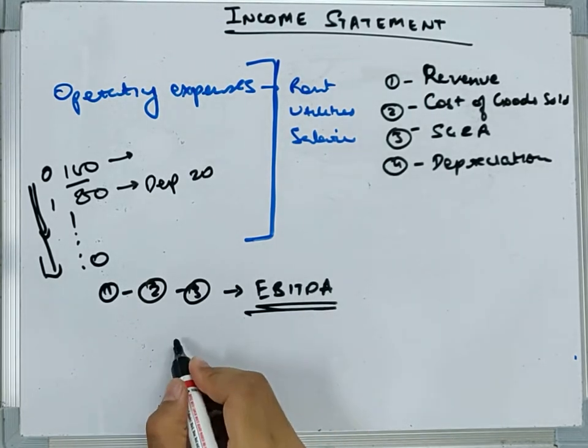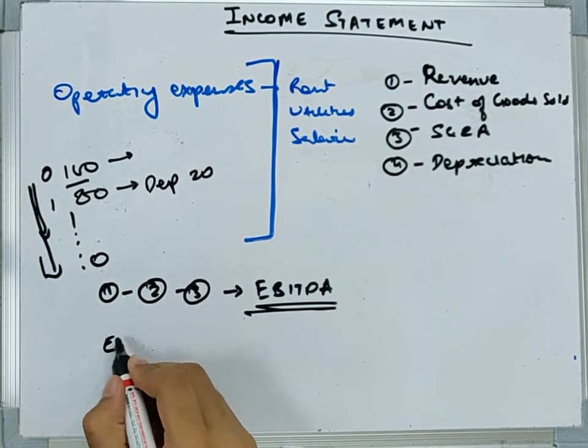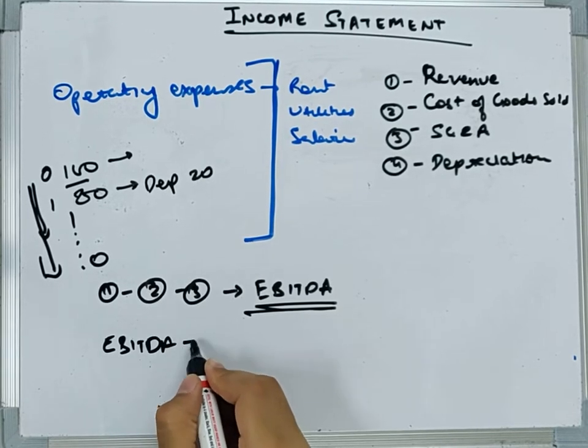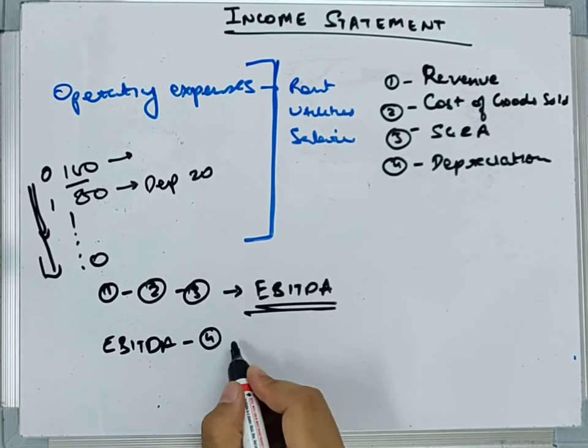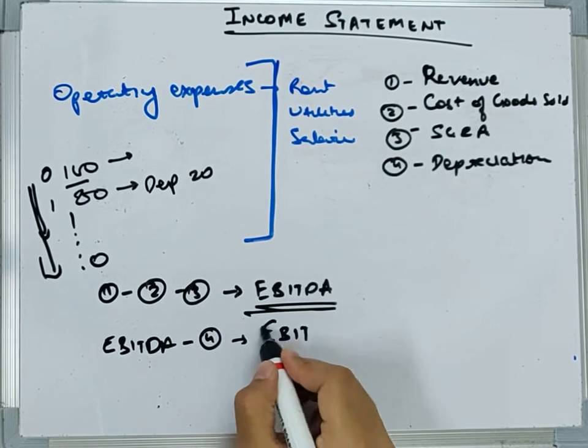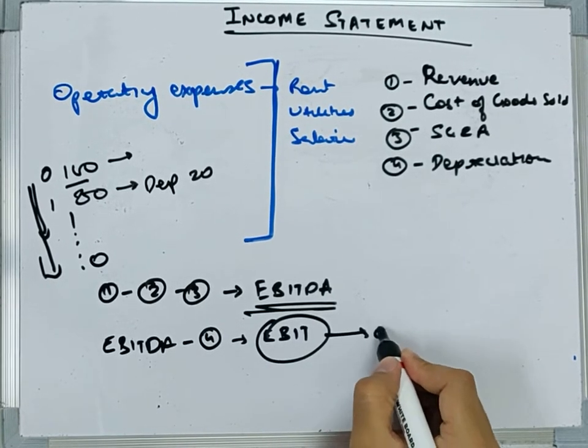Now if we subtract depreciation from EBITDA, we get EBIT. EBIT is also known as operating income.